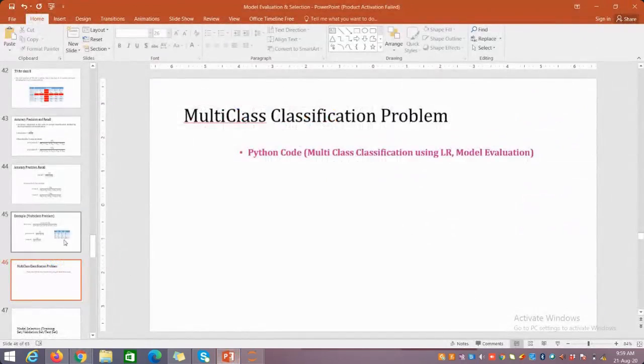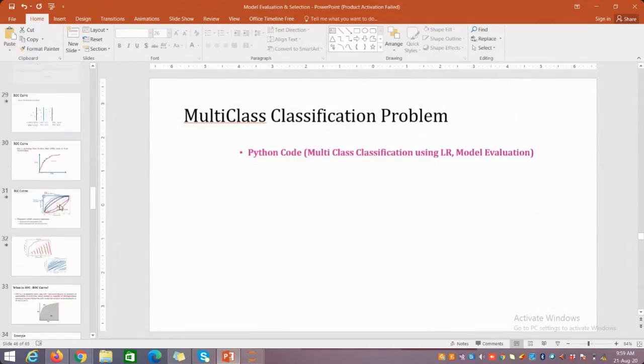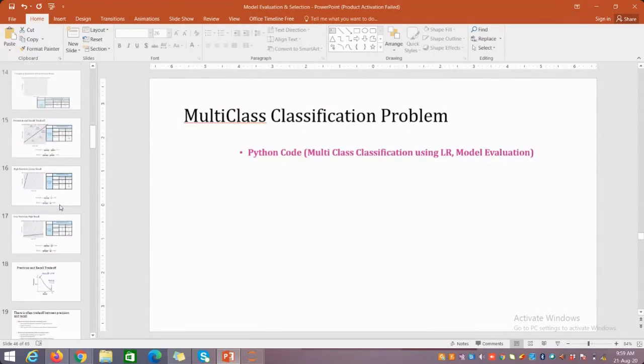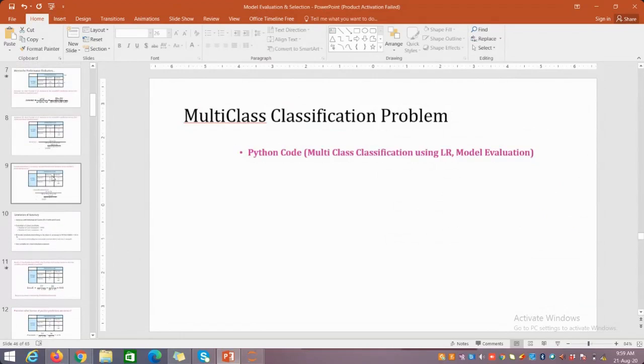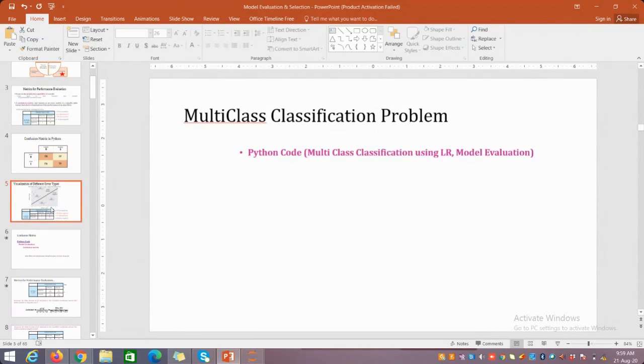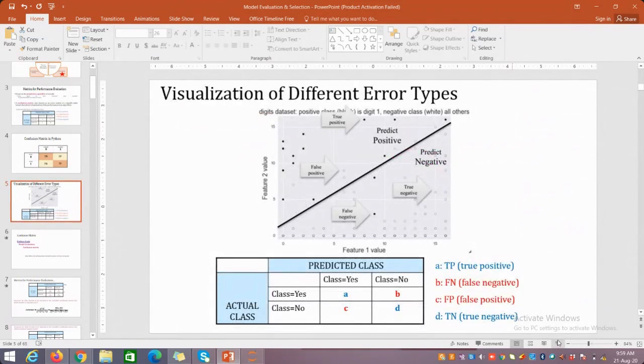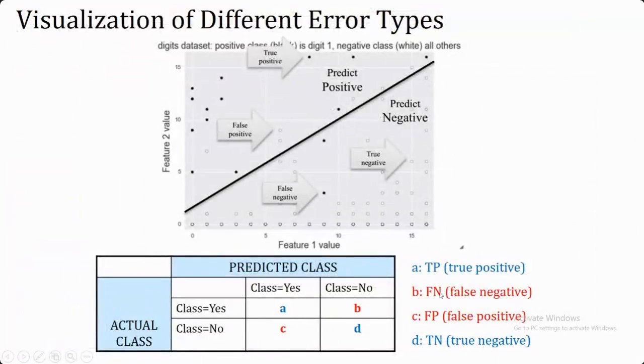Let me go to this point, here it will be clear. There was a question related to false positive and false negative. I hope true positive and true negative is clear; I'm going to clear false positive and false negative.